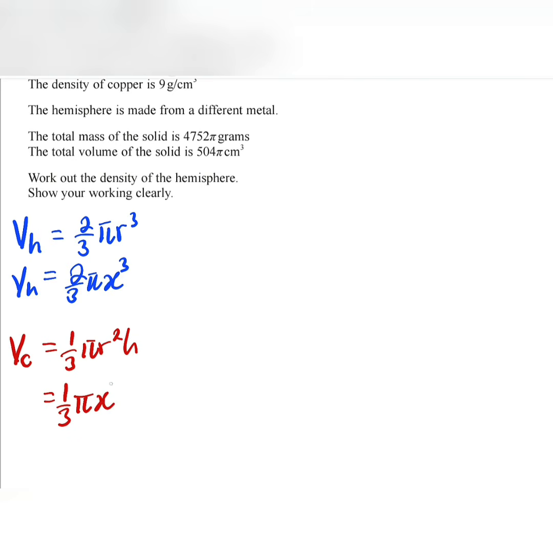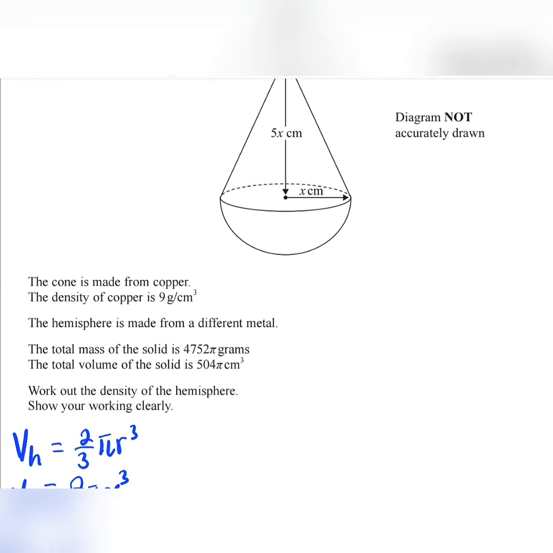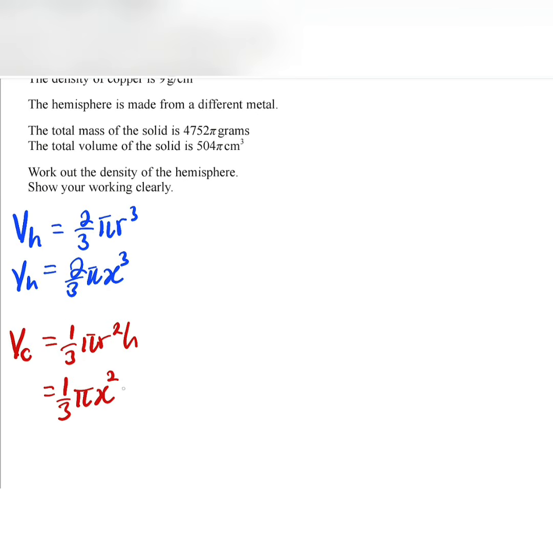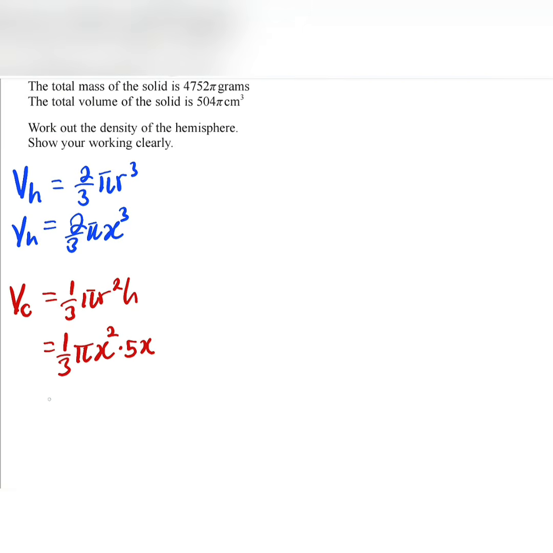This is x squared. But what is h? The height is 5x. So we replace h with 5x. If we multiply everything, this 5 will multiply 1 over 3, and that will give us 5 over 3. We have pi. x squared times x will give us x cubed.